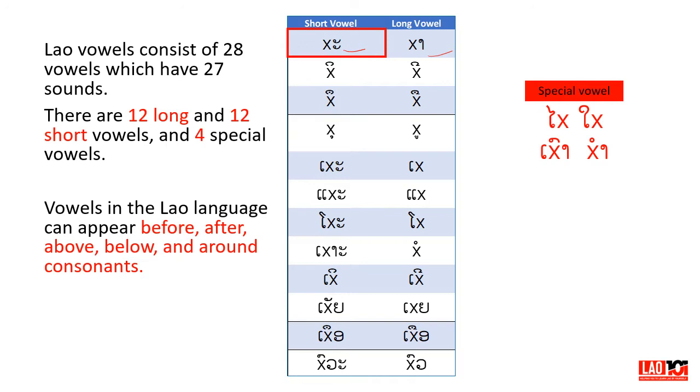A, I, U, E, O, Ya, Wa. I, Me, Muan. The same sound I for these two. Sala'au, Sala'am. I, Au.